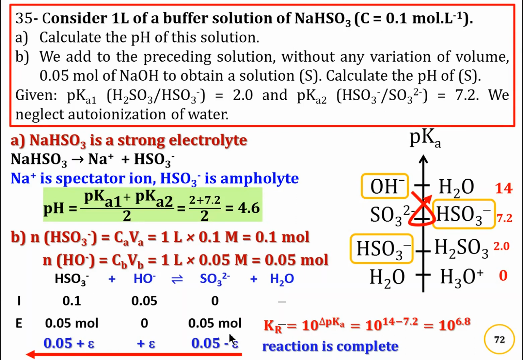We can neglect epsilon with respect to 0.05 in the case of HSO3− as well. By applying K of the reaction, equal to the concentration of the products divided by the reactants, we can calculate epsilon.